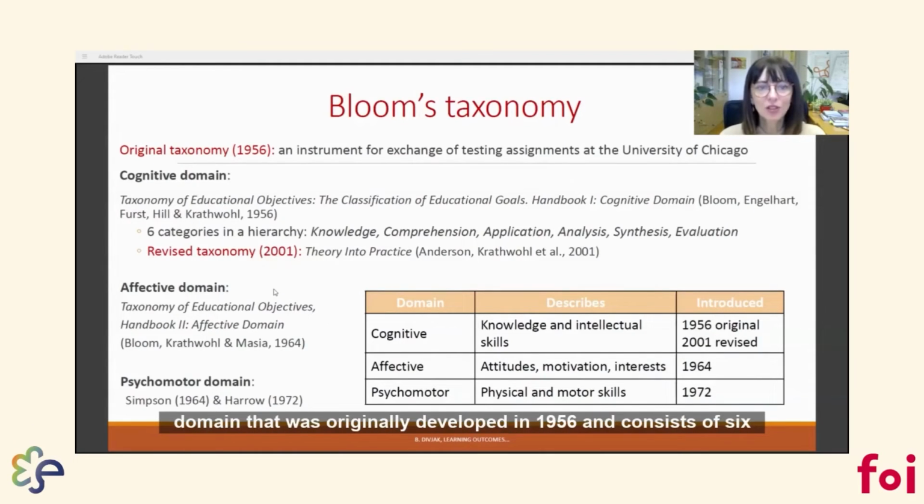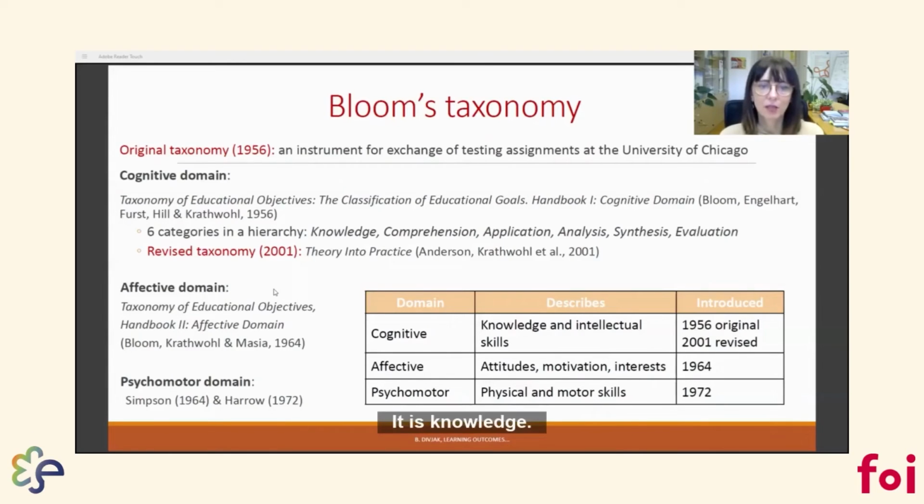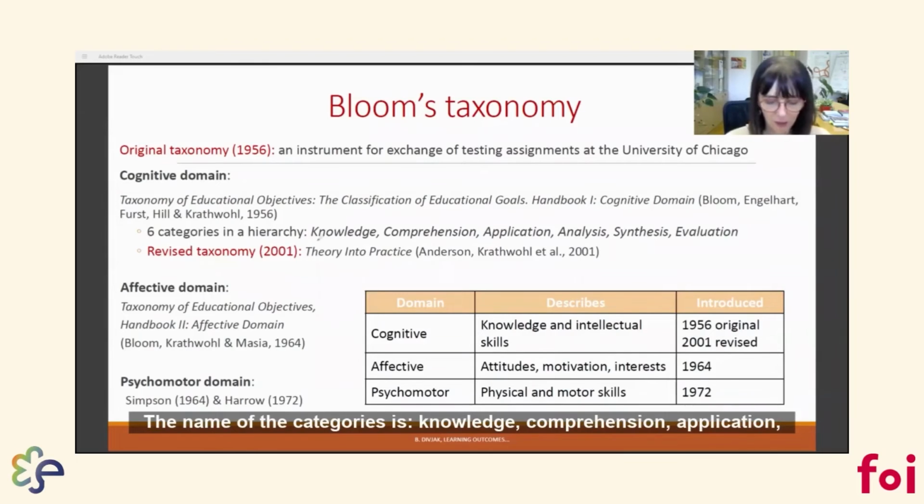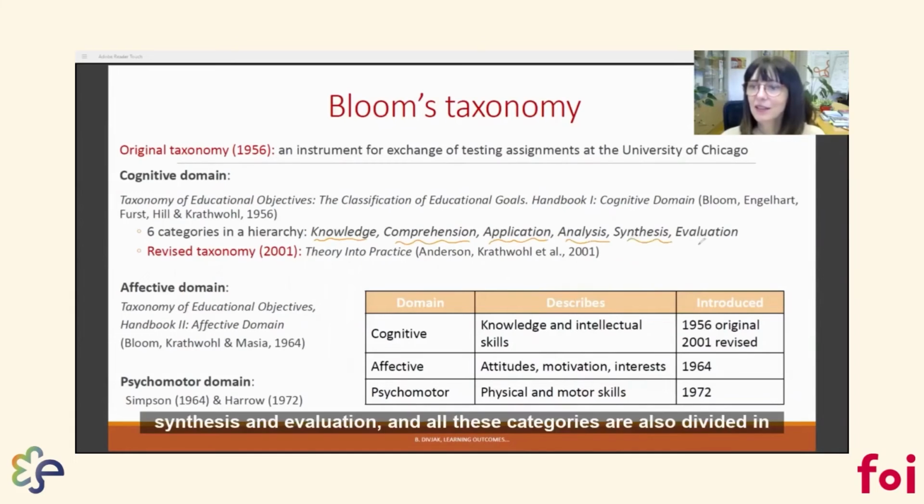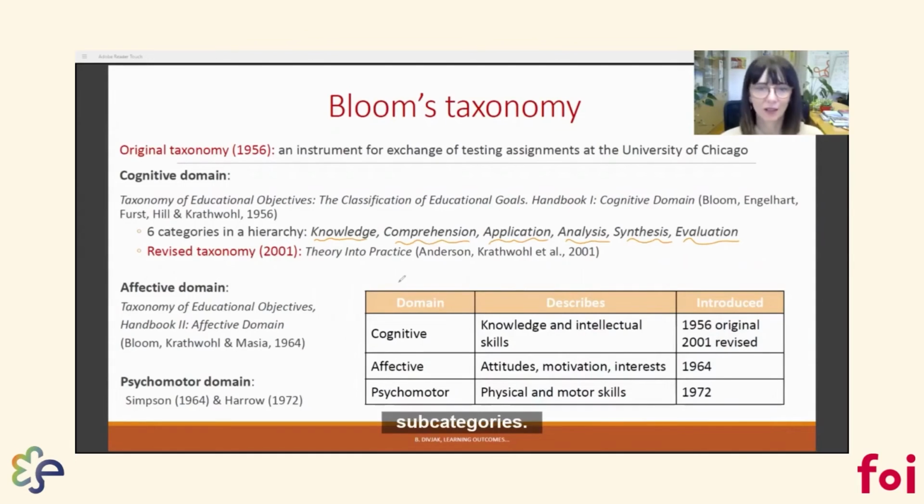That was originally developed in 1956 and consists of 6 categories, in hierarchy. You can see here the names of the categories: knowledge, comprehension, application, analysis, synthesis, and evaluation. And all these categories are also divided into subcategories.